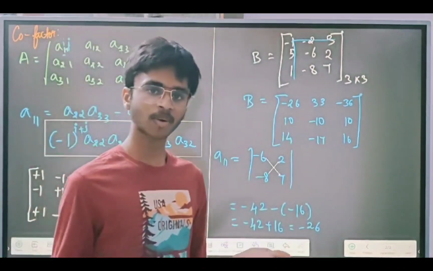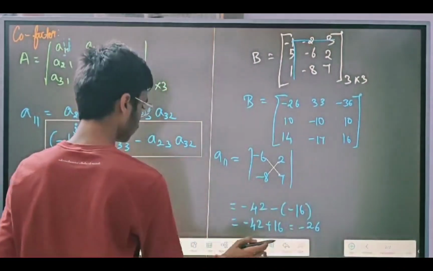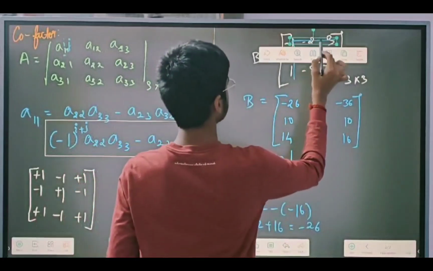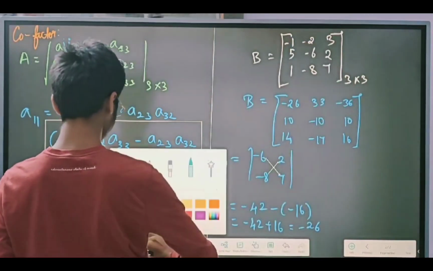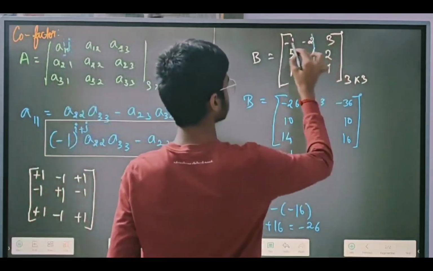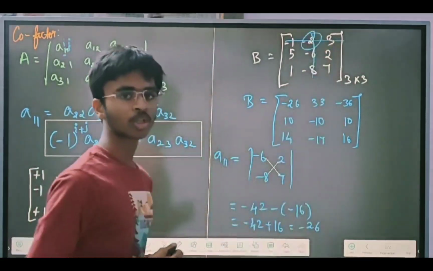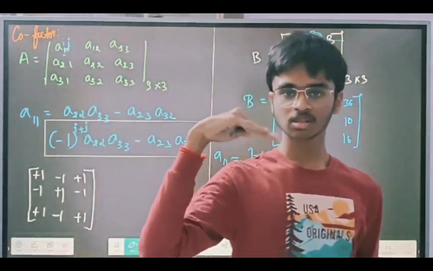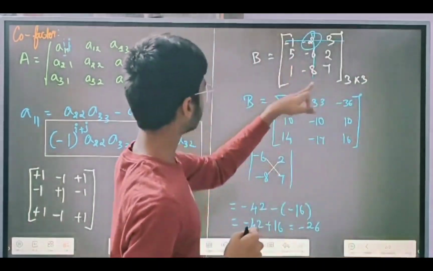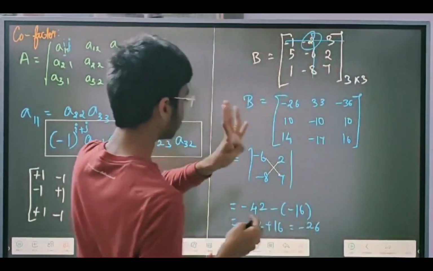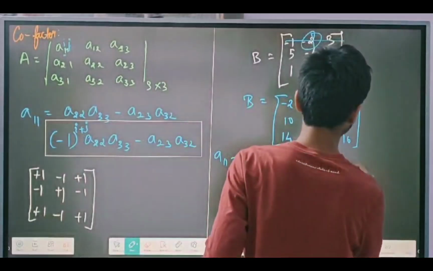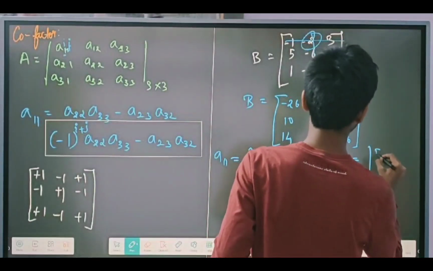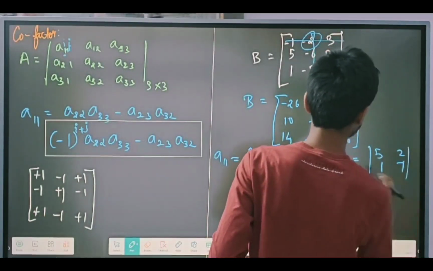So how will it be for A12? What is A12? A12 is this element. I'm going to delete that column and that row, so I get the remaining four elements. So for A12, the elements are 5, 2, 1, 7.